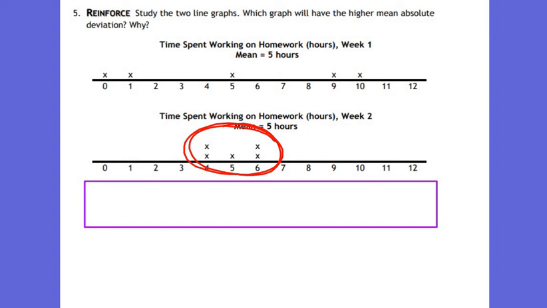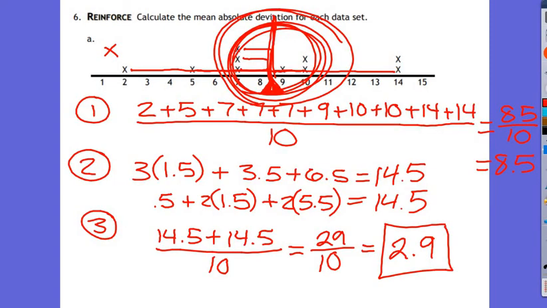A C as well. This person had a lot of low grades and a lot of high grades, and it averaged out to be the same grade. Does that make sense how they both have the same mean? Okay, we don't need to write anything. I just wanted to talk about it.